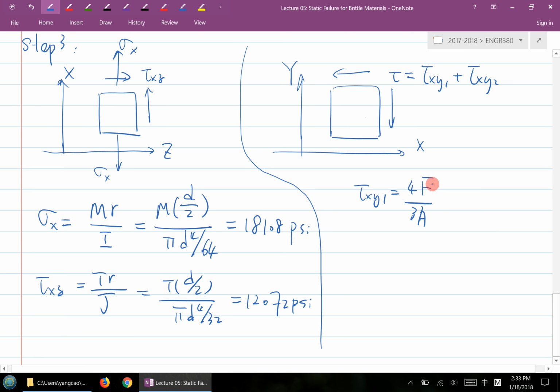So it's 4 times F divided by 3A, which is 755 psi. And your tau xy2 here is caused by the torque, which is basically the same value as at location A, in psi. So that's all of the individual stress values.